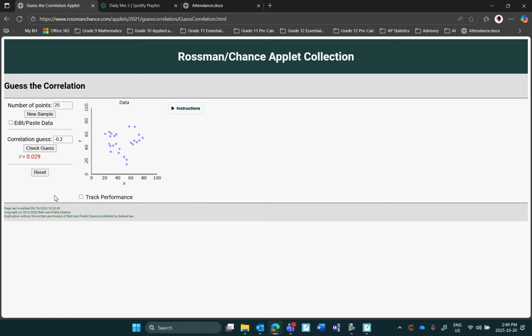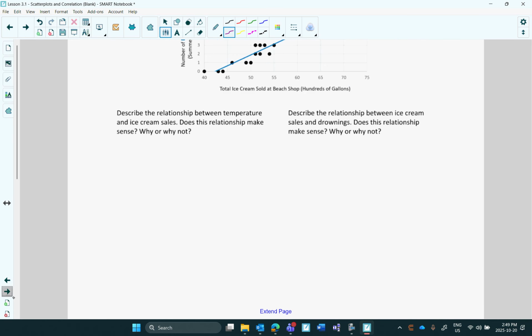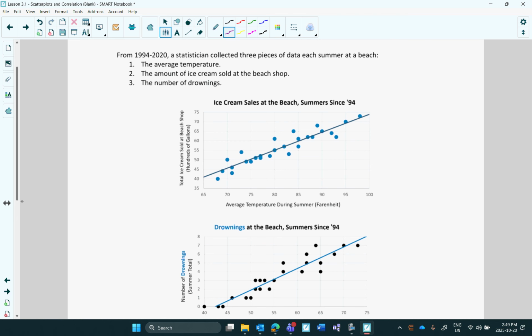But I do want to talk a little bit about the discussion on the last page, just so you have an idea of describing a relationship. From 1994 to 2020, a statistician collected 3 pieces of data each summer at a beach: the average temperature, the amount of ice cream sold at the local beach shop, and the number of drownings.